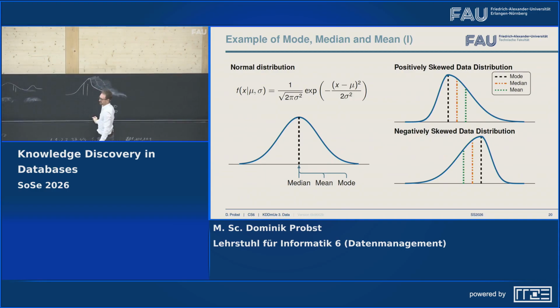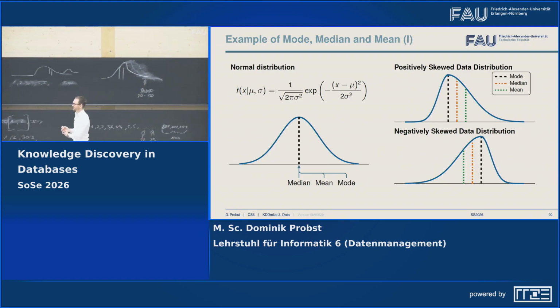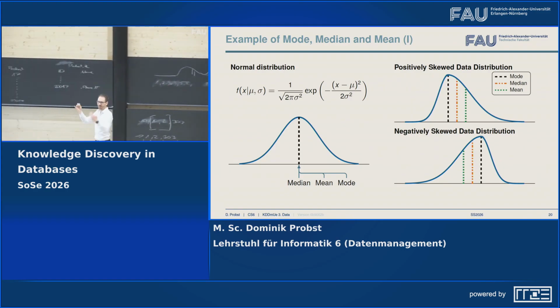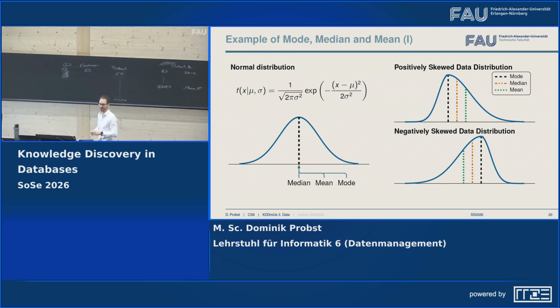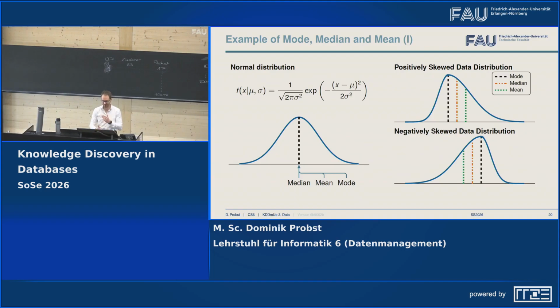Maybe we should do that within the exercise in a little example to have more values at hand, because I can only draw so many values in here. I will try to come up with an example for the exercise where we can really take a look at that. Okay?